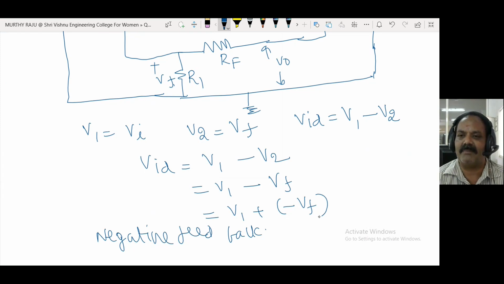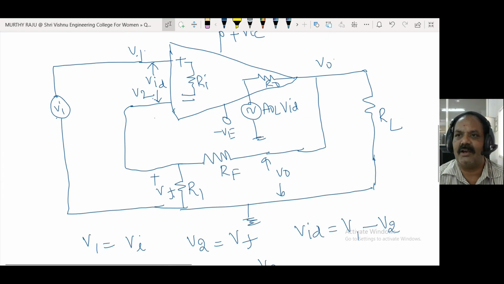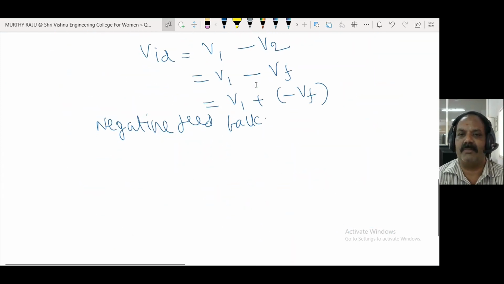Because of that minus sign, minus of. We know that generally output voltage is equal to the open loop gain AOL into VID. General formula: output voltage V0 is equal to AOL into VID.